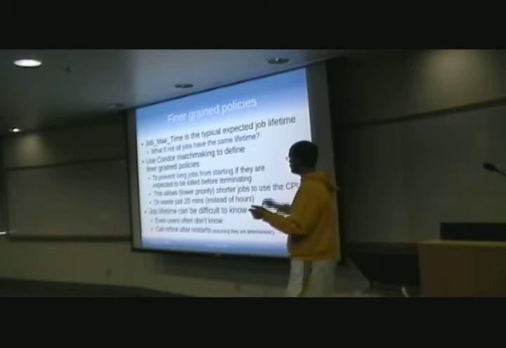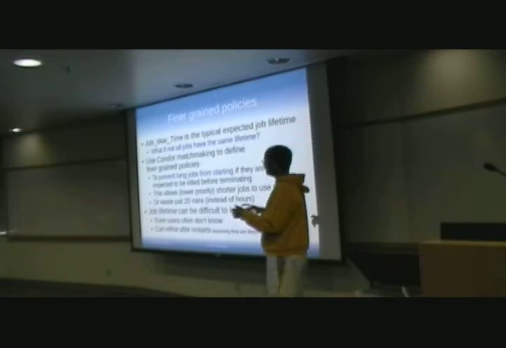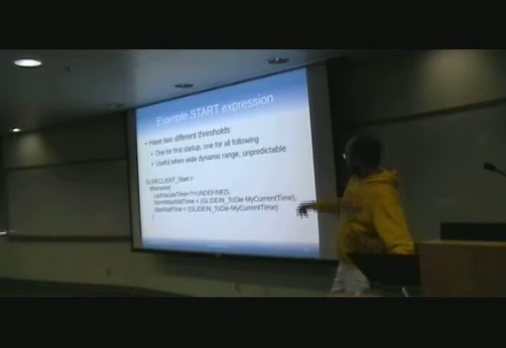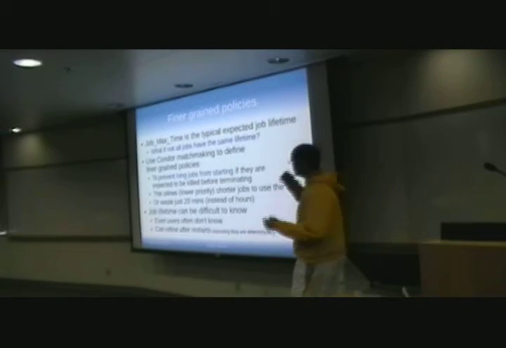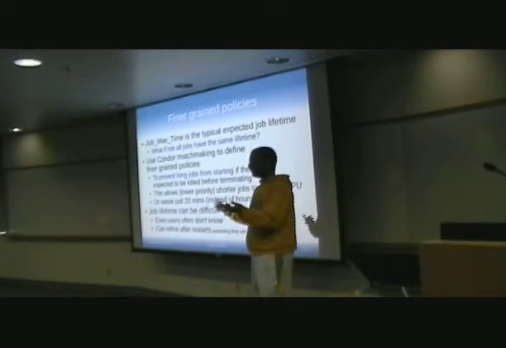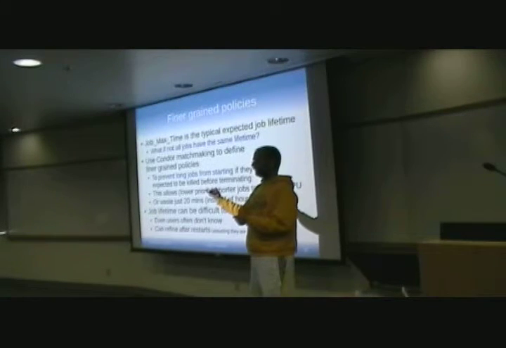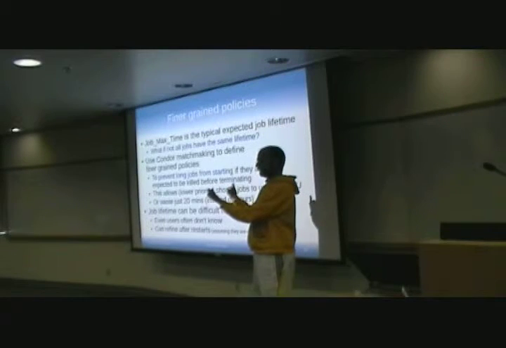So in that case, you just use the standard matchmaking to define fine-grained policies. We have it on the next slide. What you want to do is essentially use the information in the ClassAd about where the to-die lifetime deadline is, and what the expected job lifetime is, if the job defines it in the ClassAd, and do the matchmaking.